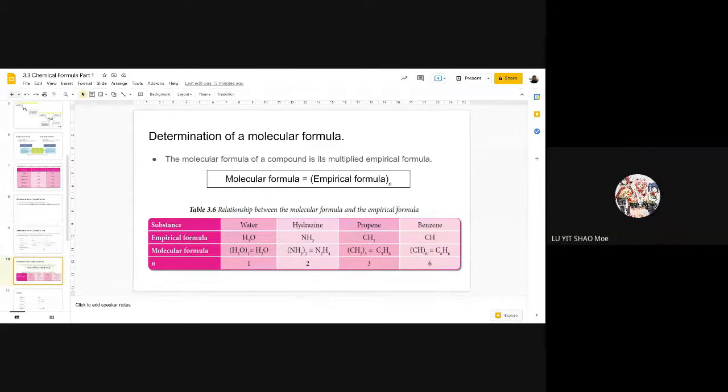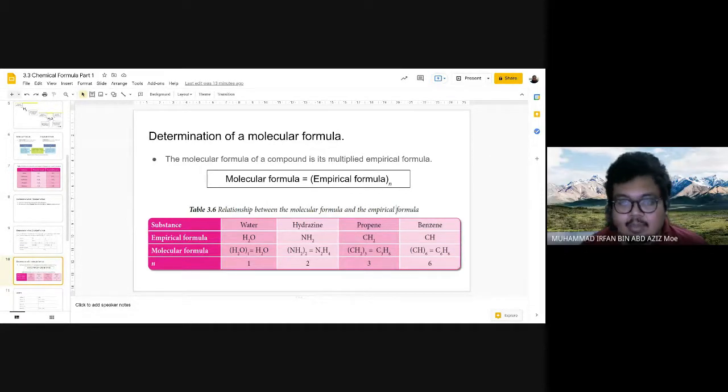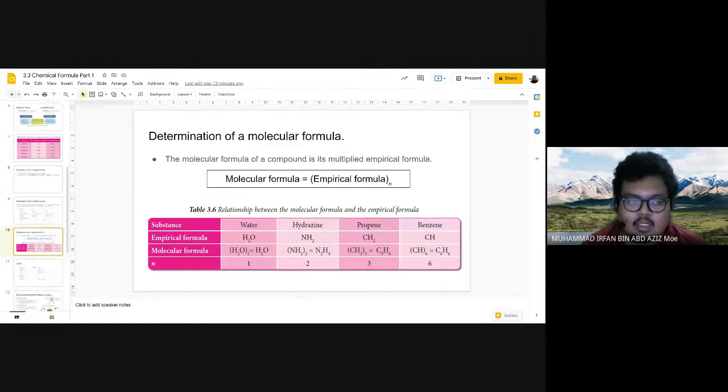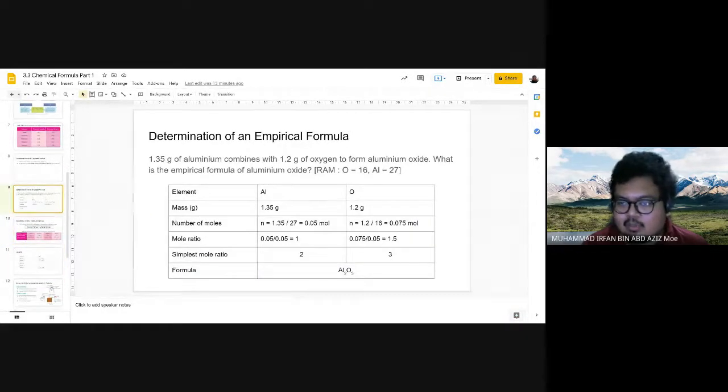If dia bagi empirical formula saja, the question dia akan bagilah number of moles apa benda semua tu. You tak perlu calculate daripada awal, because empirical formula is the smallest. But you need to calculate dia punya number of mole ni.